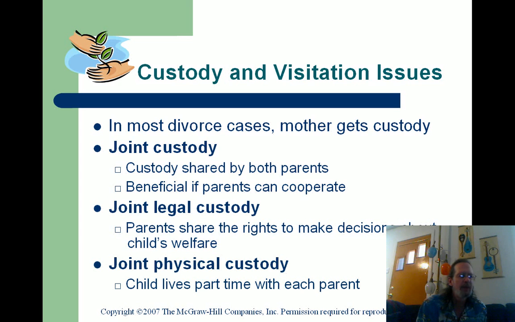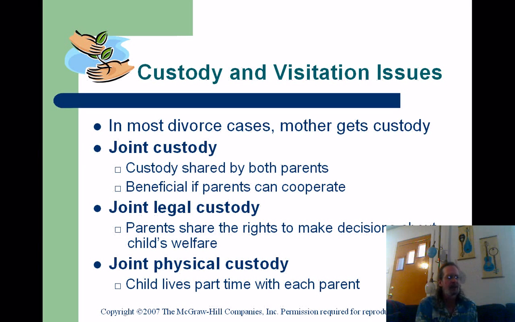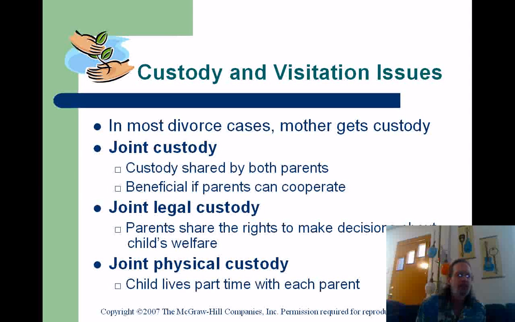Child lives part-time with each parent. Used to be that the child would spend most of the time with one parent and then have summers or weekends, some holidays, things like that with the other. I knew one guy who married into a family. The mom and dad were not married when they had the child, but they had joint physical and legal custody, and the child spent 3 days with each parent.